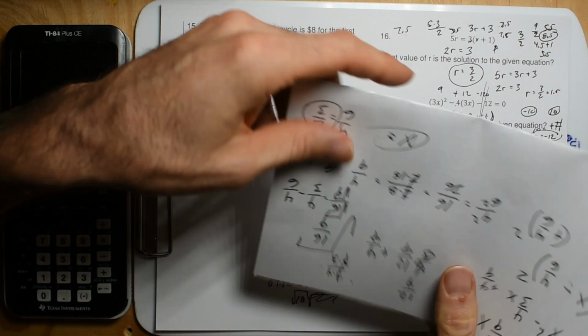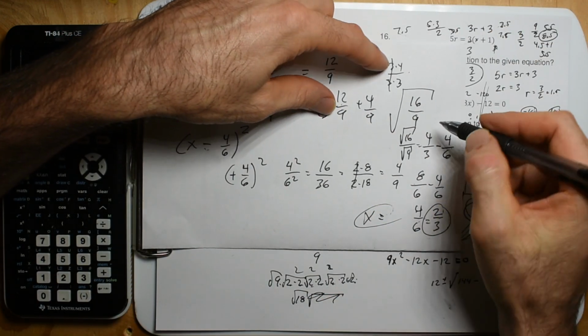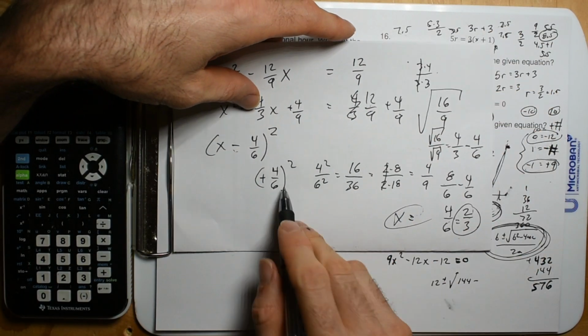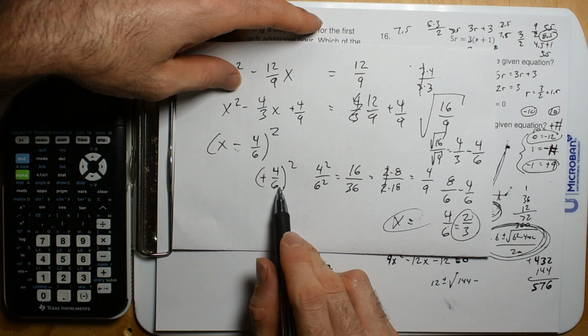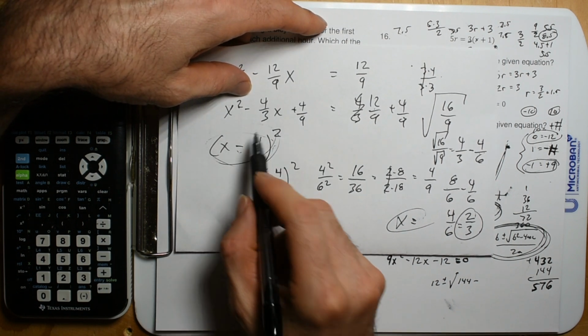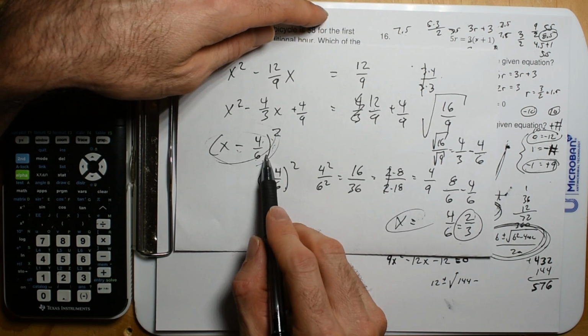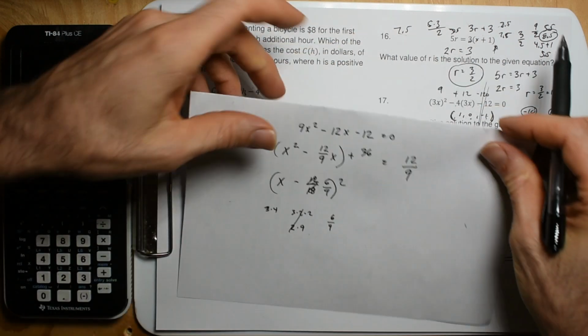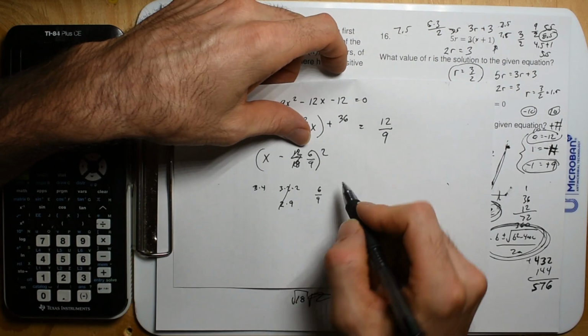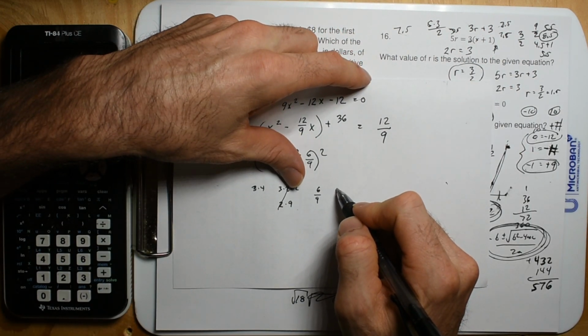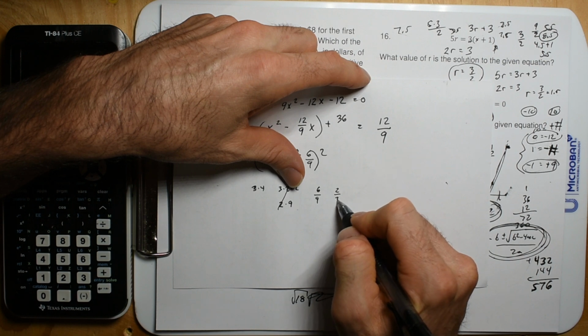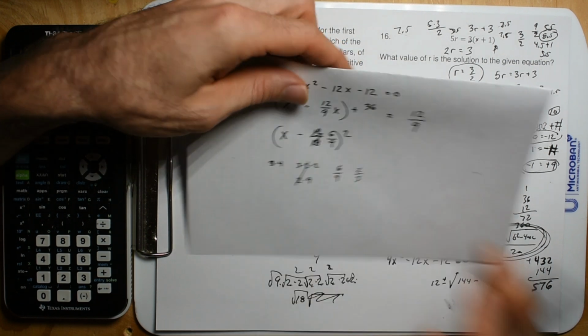Oh, so I see my error. I do this all the time. What was it, 4/6 squared? I think we made a huge error there. But no, we have 6 ninths, which is the same thing as 2/3. Yeah, so this was 2/3.